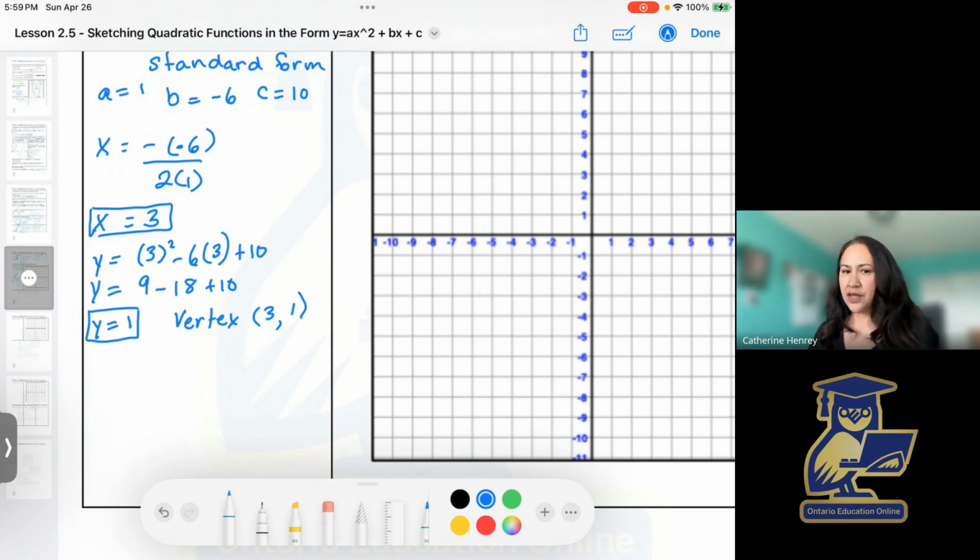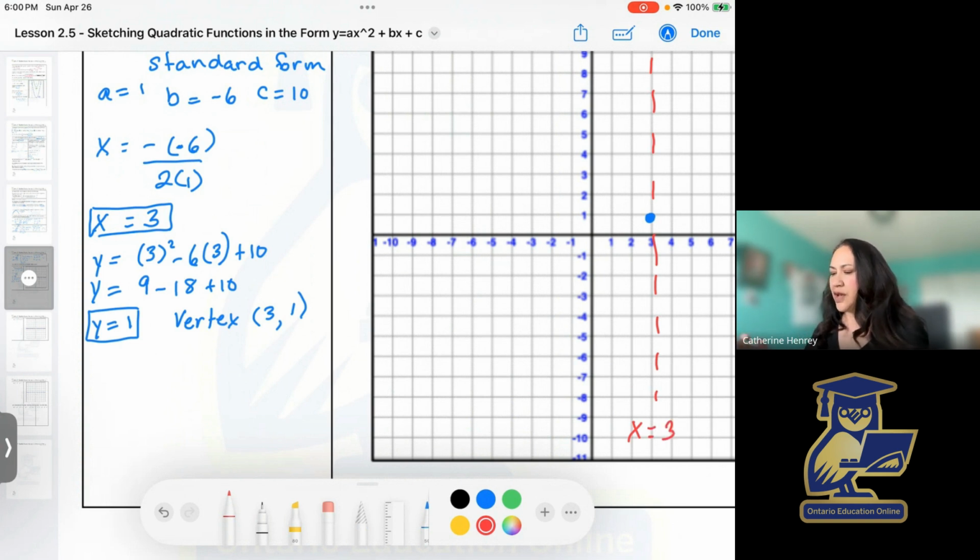So in order to graph this, we have a few points. We want to get maybe one more point. Sorry, the vertex is at (3, 1). So on a graph, (3, 1), here's my vertex. And we have our axis of symmetry that runs through the middle of the vertex, and that is x equals 3.